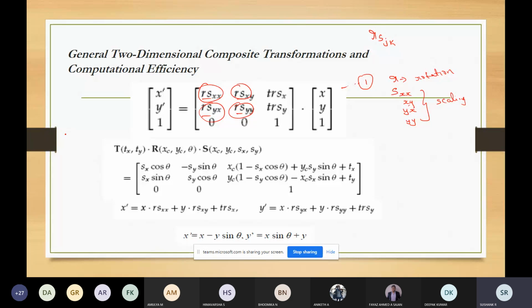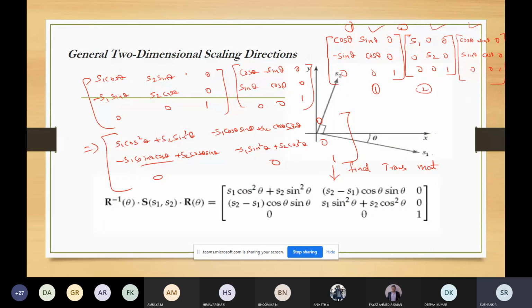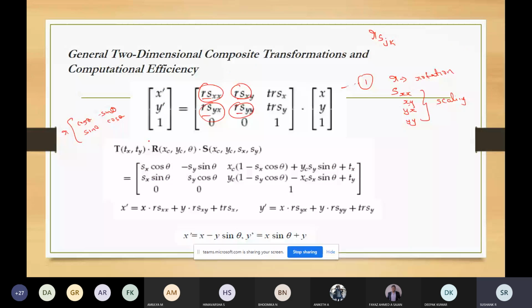You know that R is given by cos theta, minus sin theta, sin theta, cos theta, as you just studied. Wherever R is there, you write it with cos theta, minus sin theta, sin theta, cos theta.